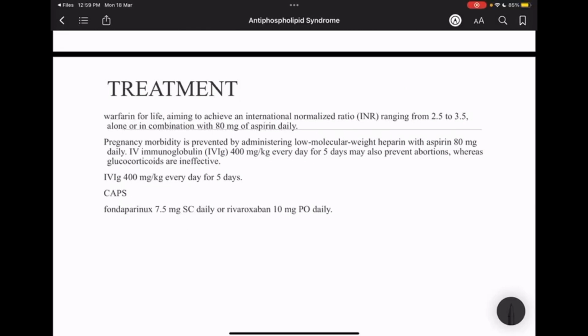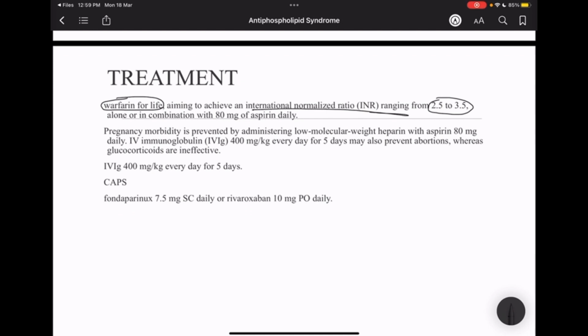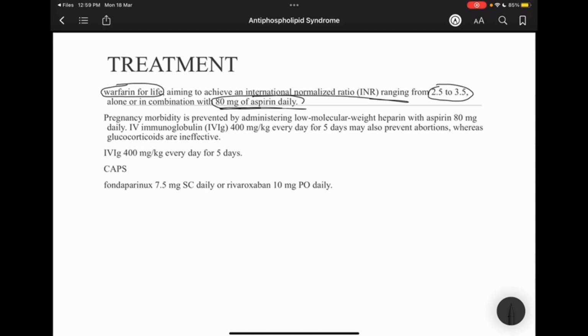Okay, so for treatment, first, warfarin for life. Warfarin is really important, to achieve an INR ranging from 2.5 to 3.5. It can be given in combination with aspirin, 80 milligrams daily. This is the first-line treatment.